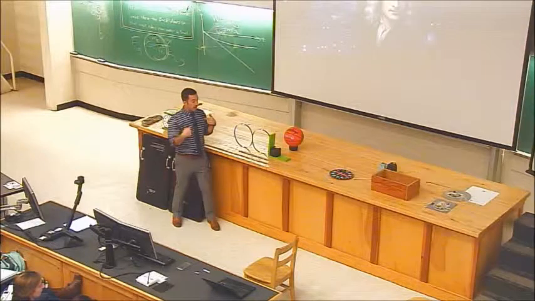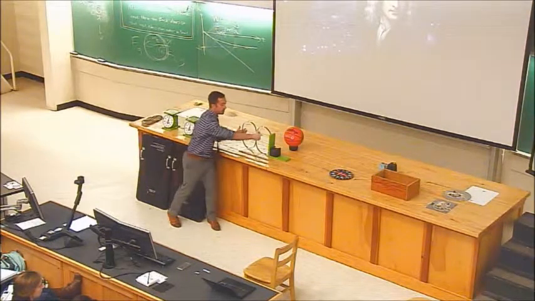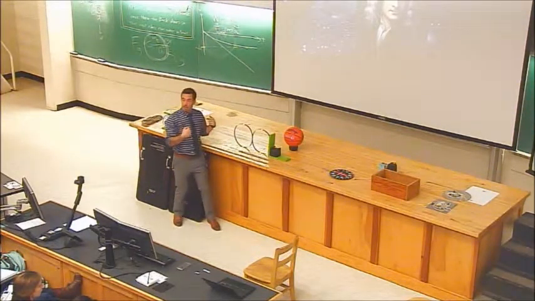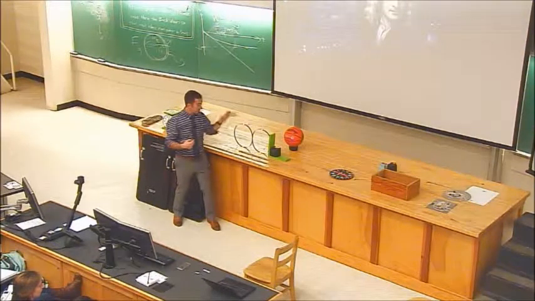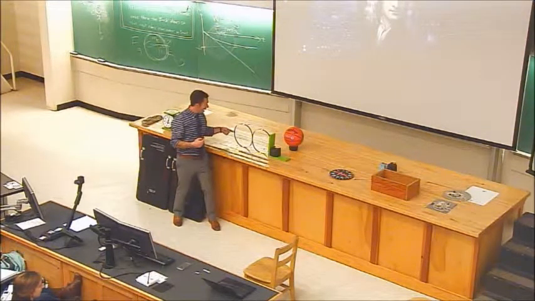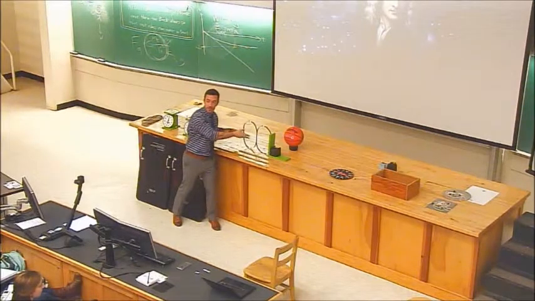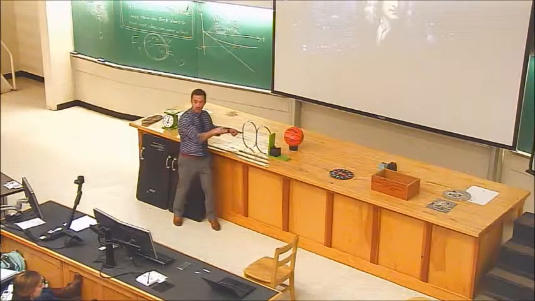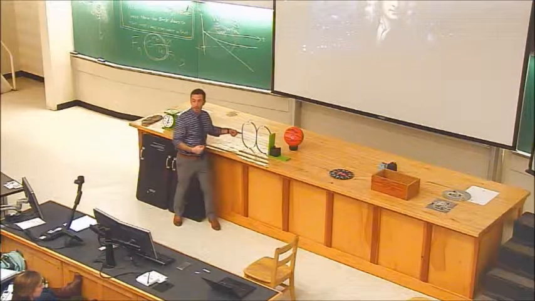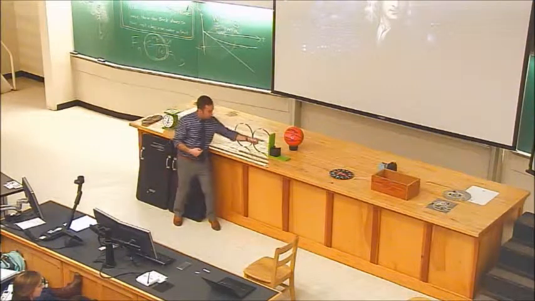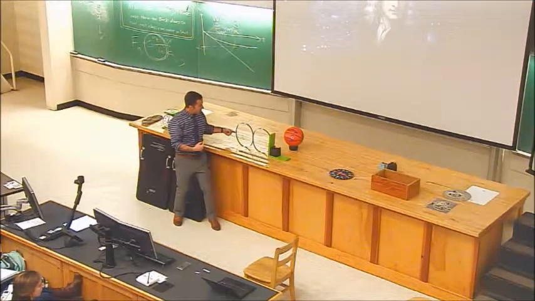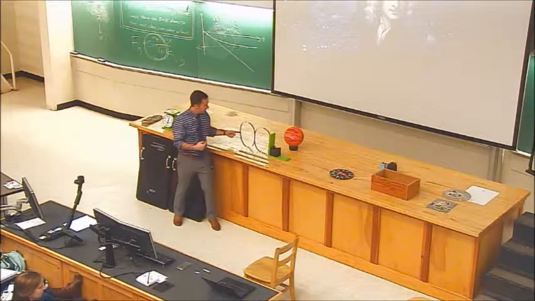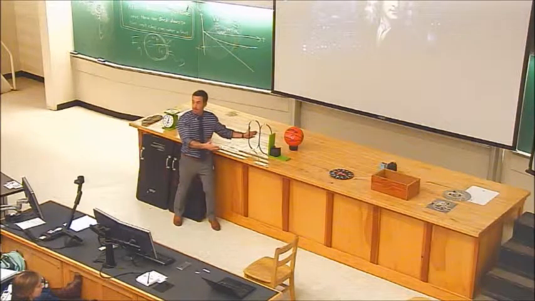If that's true, this green thing is pushing back equal and opposite to me. If I look at just the hoop system, I can see that the system is not accelerating anywhere. That's because I'm pushing this way and the green thing is pushing back equal and opposite. So I know that over here there's a force equal to my force. Then if I look at just one of the hoops, notice they are deforming the same amount.